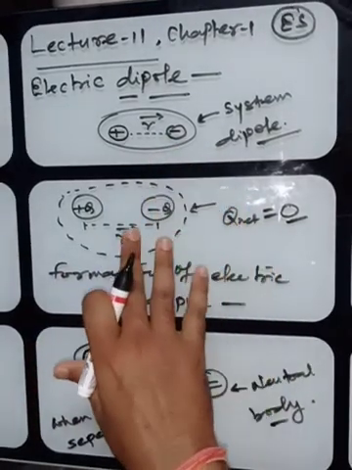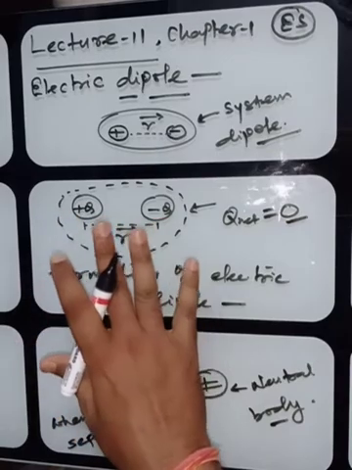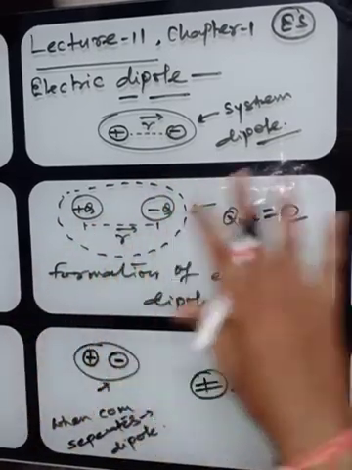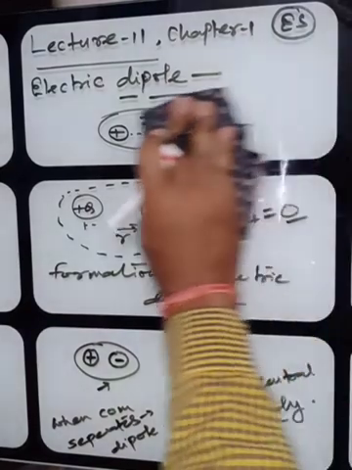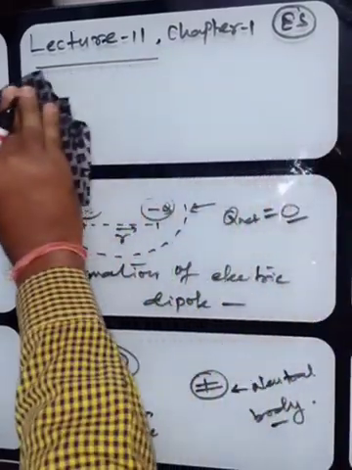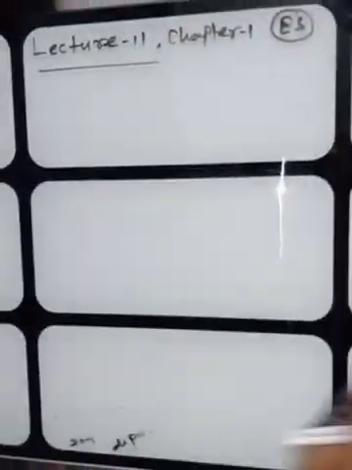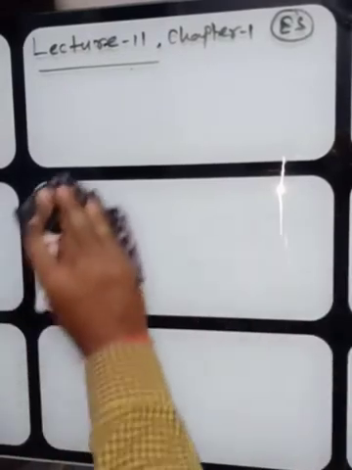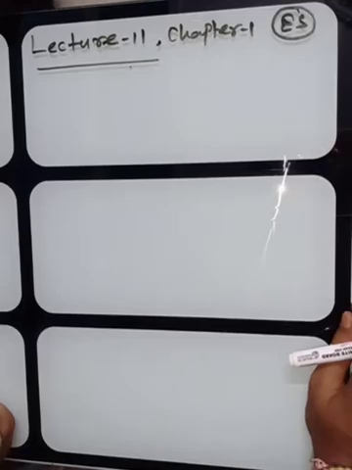This is your question. Try to find out the answer. If I give you the answer, it would be very easy for you and you will not do any exercise. So try to find out the answer: can we have a net field 0 at any point around the electric dipole?